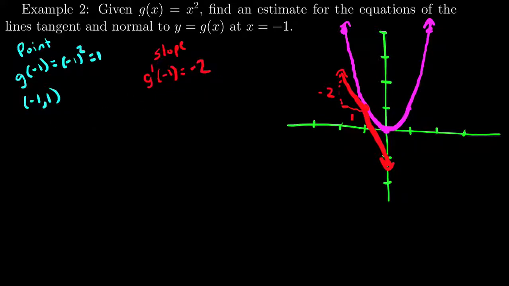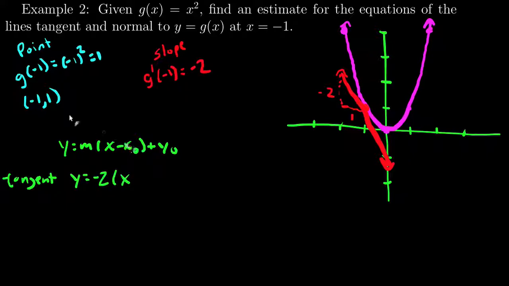And I take these pieces, and I'm just going to do the easiest form I can think of, which is point slope form, y equals m times x minus x naught plus y naught. And so for the tangent line, y equals, the slope is negative 2, x, I'm going to use this point, so minus negative 1 means plus 1, plus 1.